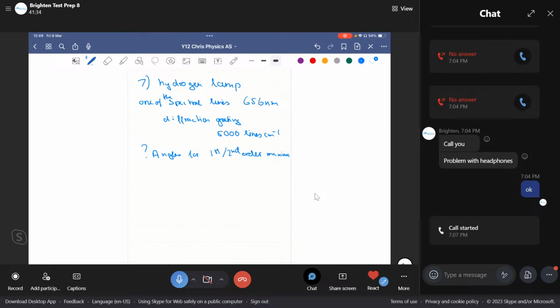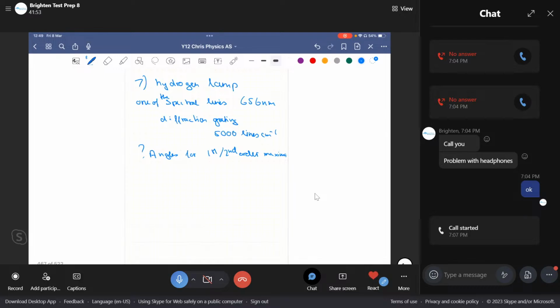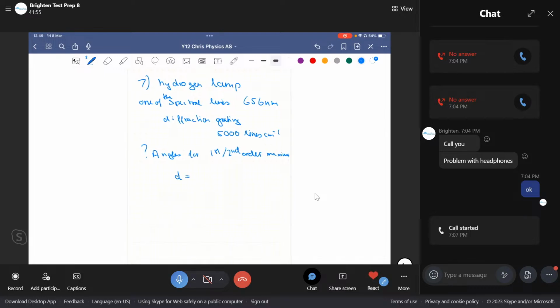What you calculated is the width between the lines, or you may say the separation of the slits. Call that d: 2 times 10 to the power negative 6.